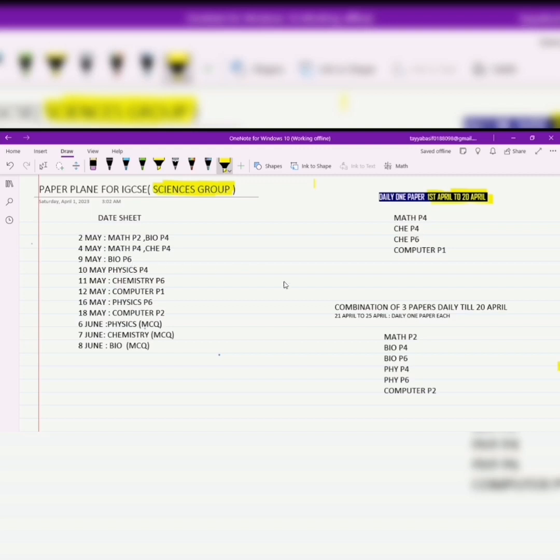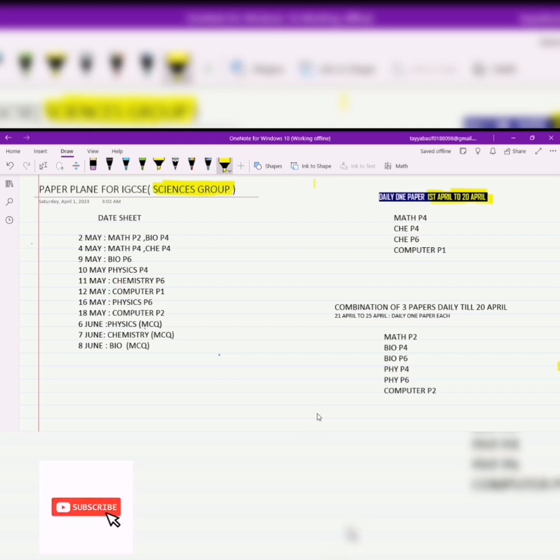So the remaining 5 papers of these two, biology P6 and physics P4, you will be solving on these dates, from 5th May to 8 May. In these 3 days you have to solve about 10 papers, which is quite easy.